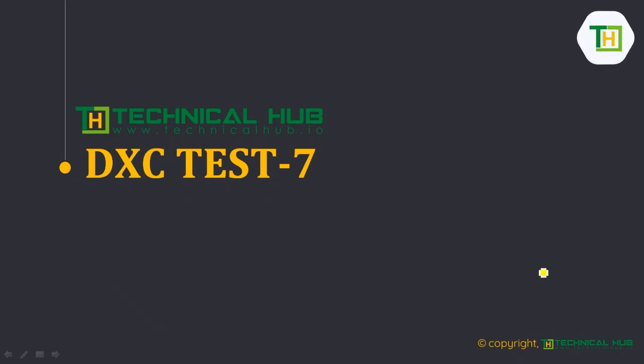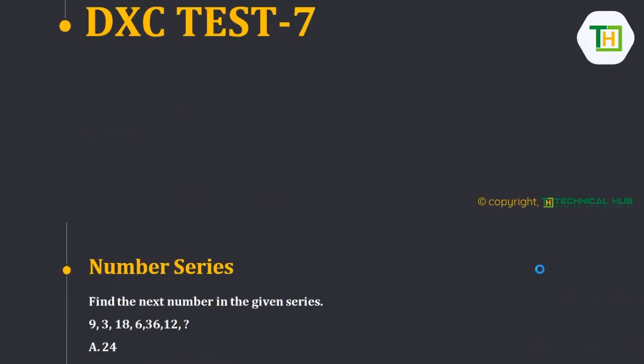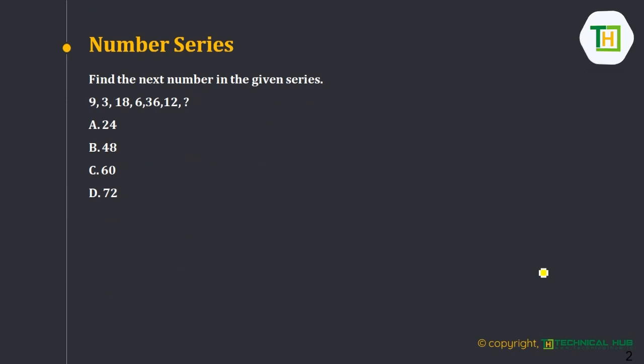So let's start the text explanation of DXC test 7. The first question is from number series. See the series here: 9, 3, 30, 18, 6, 36 and 12. Just by seeing this, whenever the series is increasing and decreasing alternately, we have to check the alternate numbers in the series.